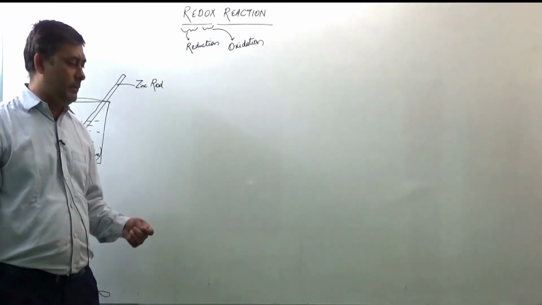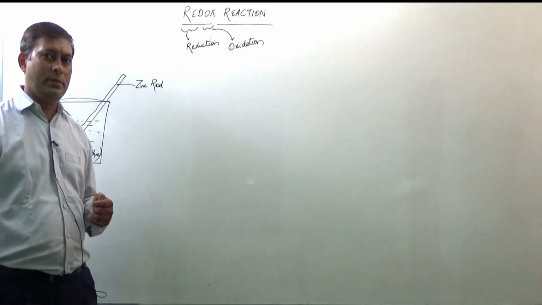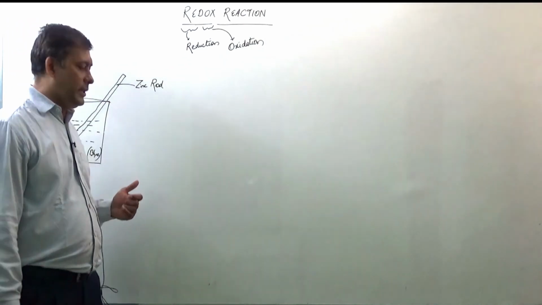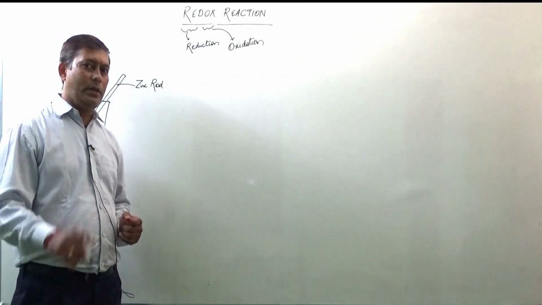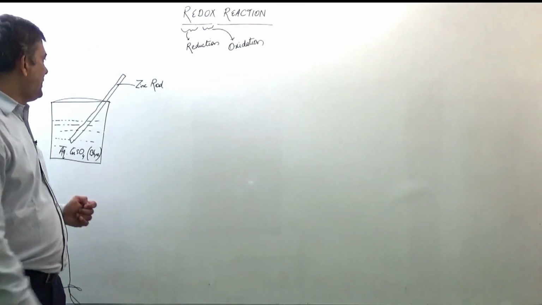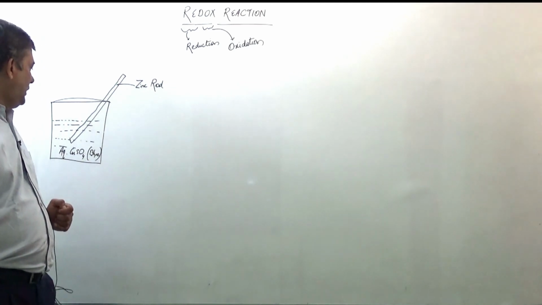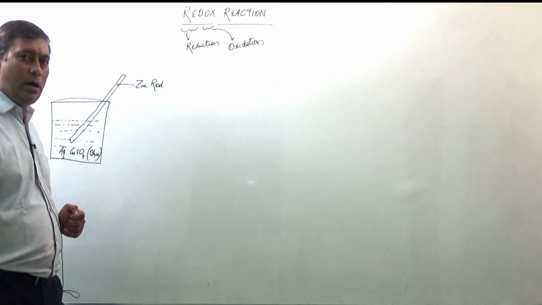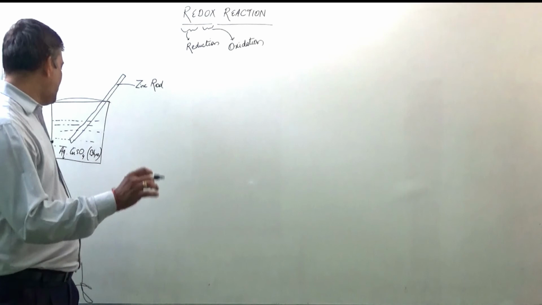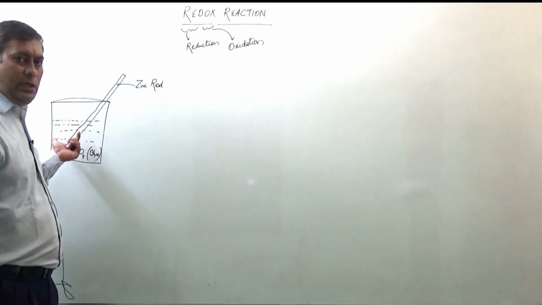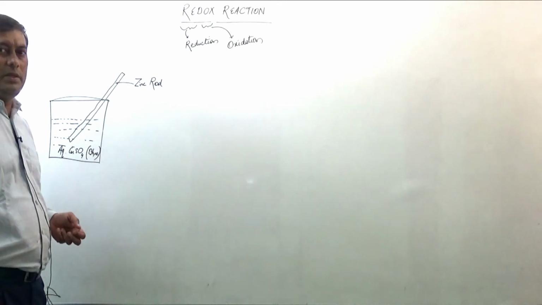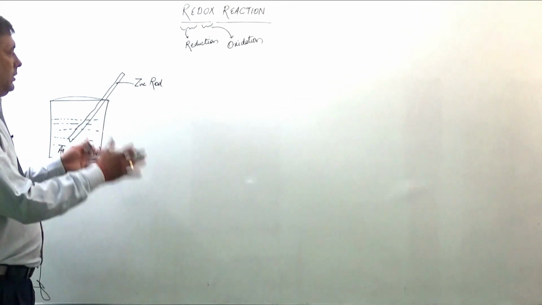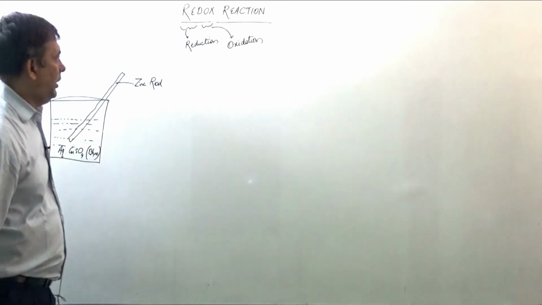After some time the blue color goes and it converts into a colorless solution. The second observation is that there is a deposition of brown colored substance or particles over the surface of the zinc rod. Both these observations could be summarized on the board this way.